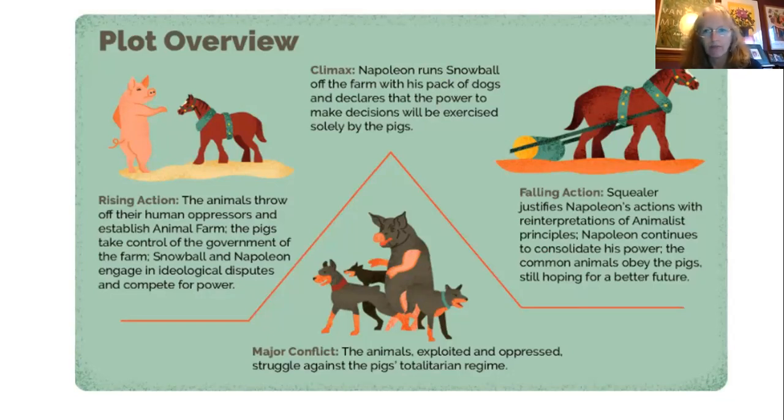You can read it now. Okay. So this will help explain the plot. This is one way of analyzing plots in a story: rising action, climax, falling action, and the major conflict in the book.